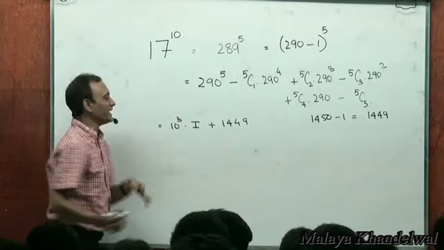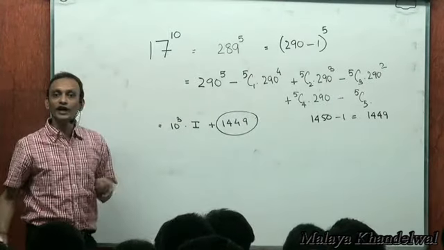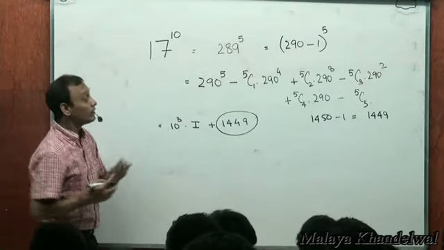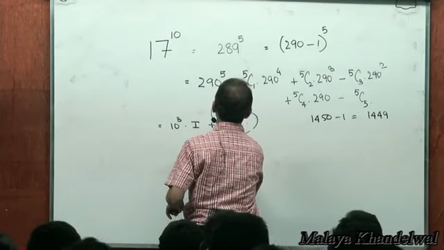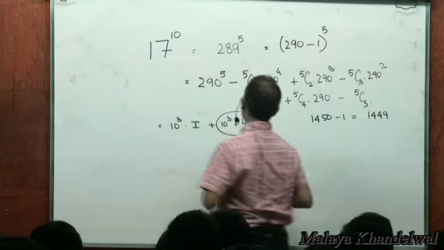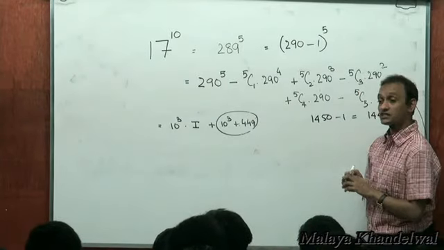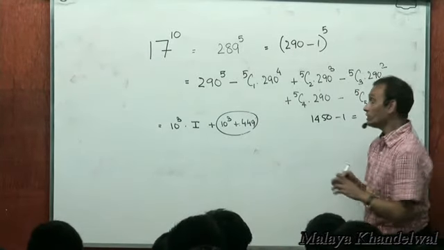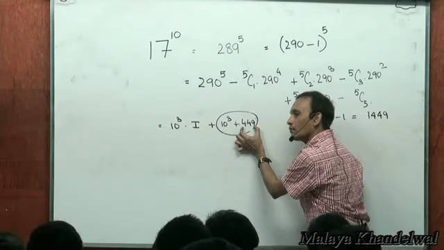Now when you divide by 10 cubed, the remainder would be what? 1449 when you divide by, I'm sorry, what you could further do is you could write this as 10 cubed plus 449. So now when you divide by 10 cubed, what's the remainder? 449.